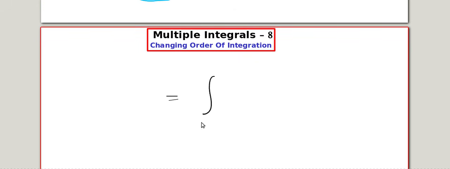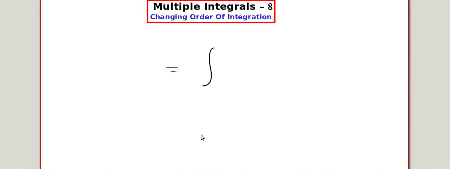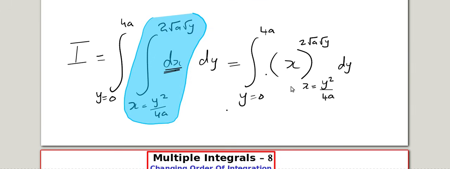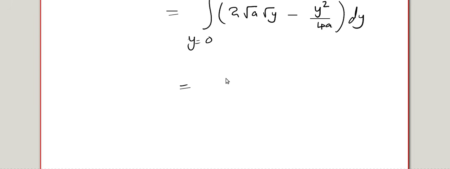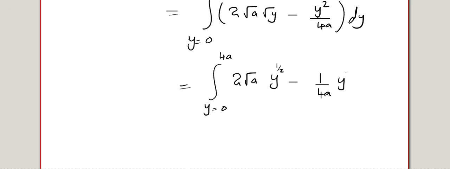So that's going to give you integral y equal to 0 to 4a, 2 root a root y minus y square by 4a dy, and that will be integral y equal to 0 to 4a, 2 root a y to the power 1 by 2 minus 1 by 4a y to the power 2.